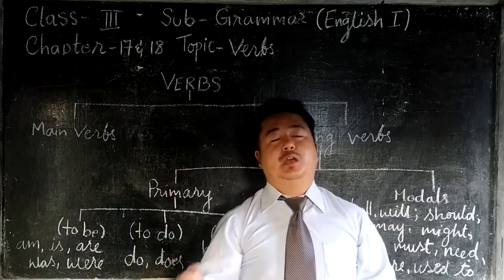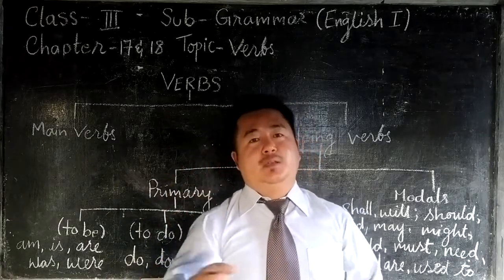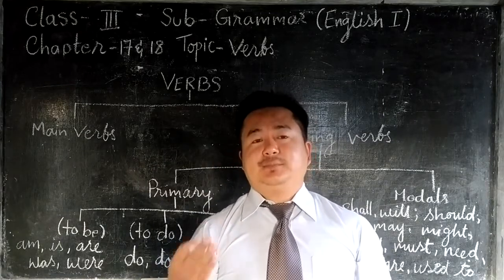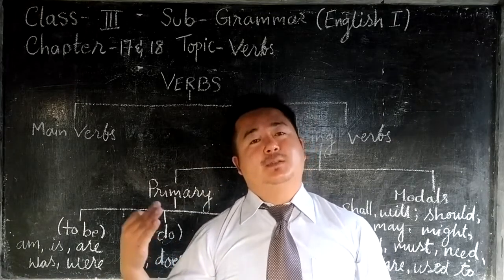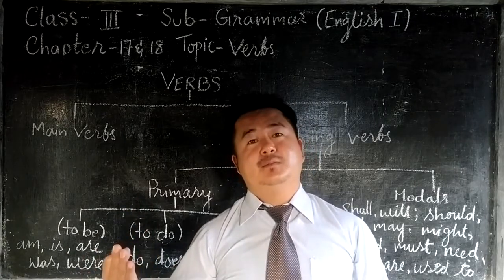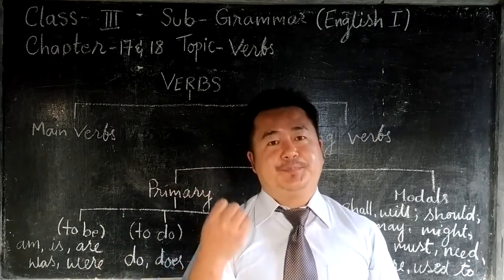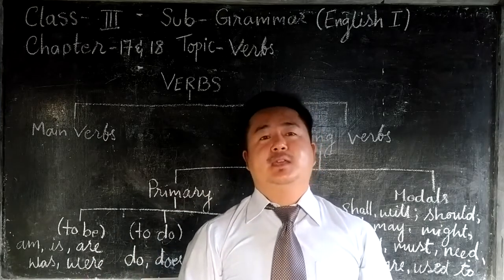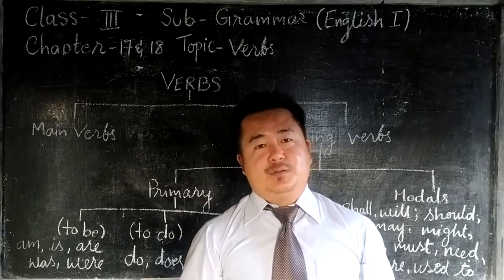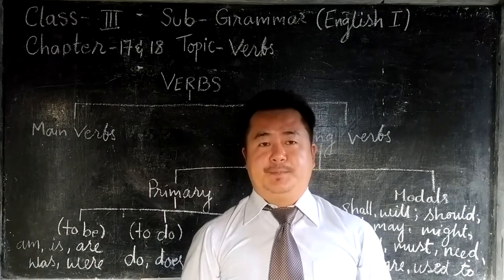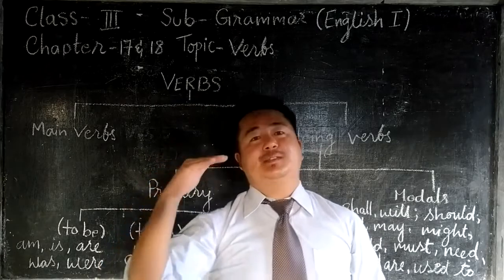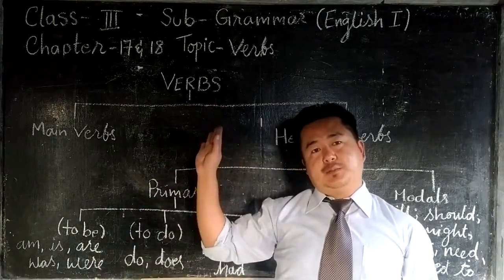As a whole in the class, we know that verb is a word that shows action. In a simple way, you can say it is an action word or a doing word. According to your level, your standard, I would explain what I have written on the board.